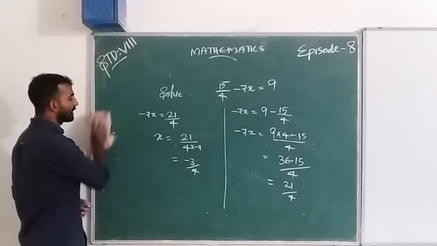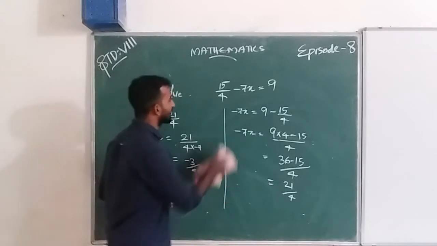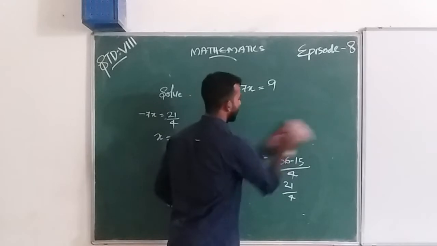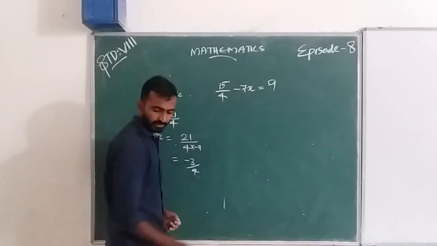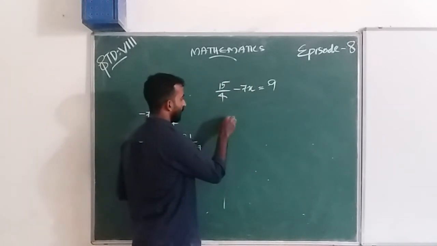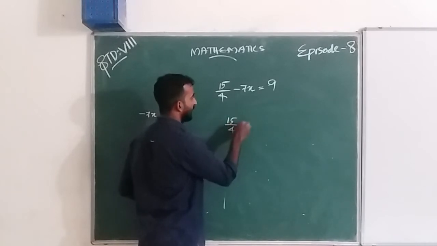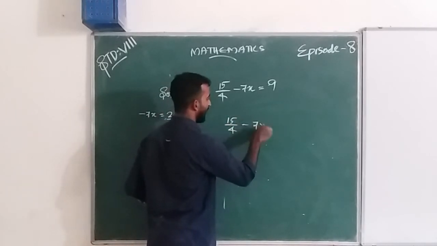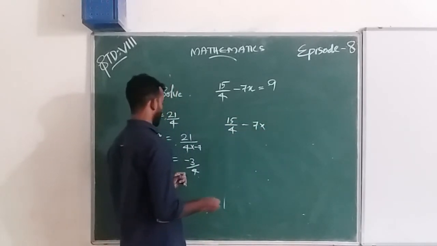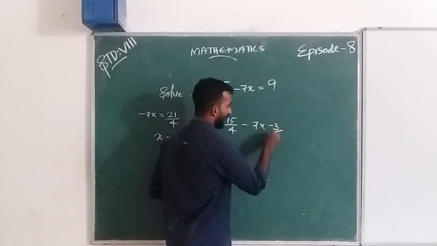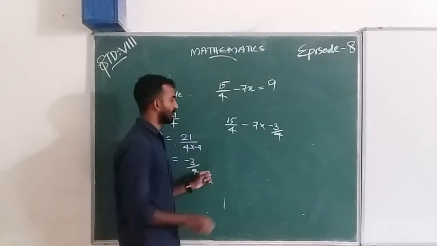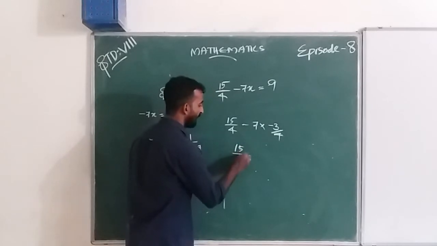And when we put the value of x in this equation, what do we get? We can check: 15 by 4 minus 7 into negative 3 by 4. That is 15 by 4.